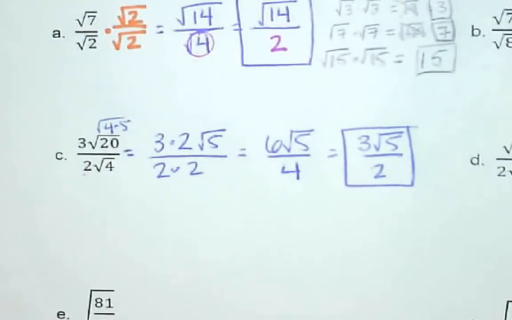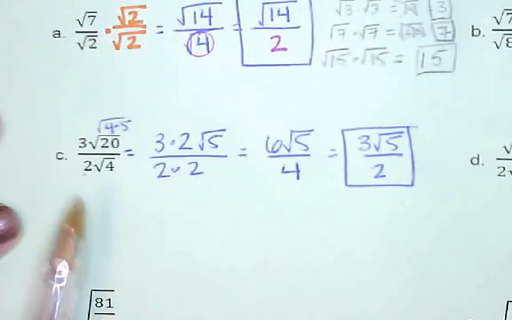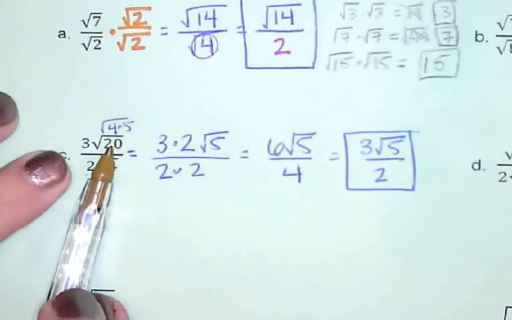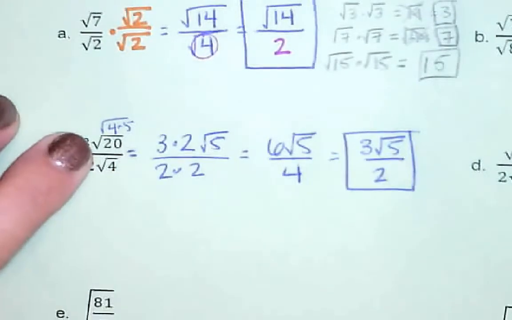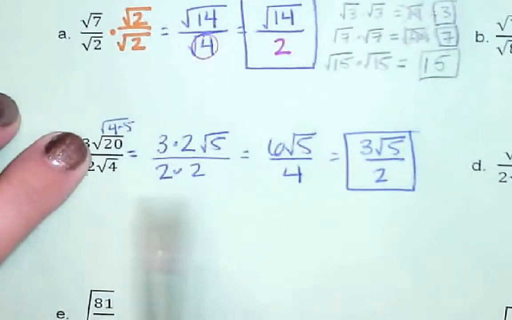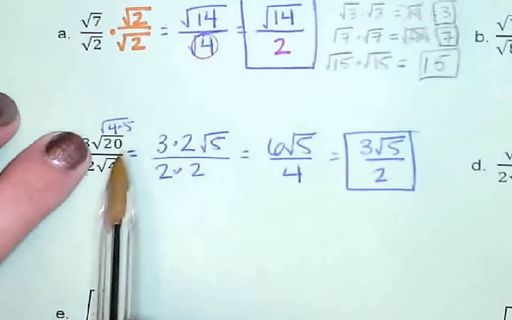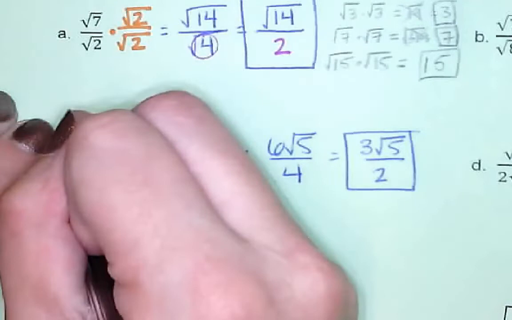Do y'all see that? Now, one thing that I wanted you guys to recognize, like I said, most of these you can do 2 to 3 different ways. So check this out, y'all. What is 20 divided by 4? 5. And so would that be left on the top or the bottom, y'all? Top. So that would become 3 square root of 5 on top.